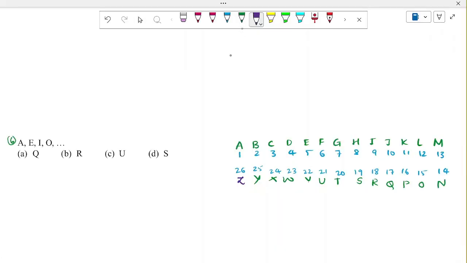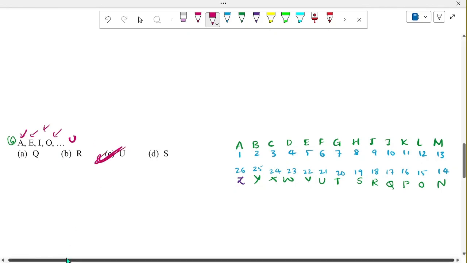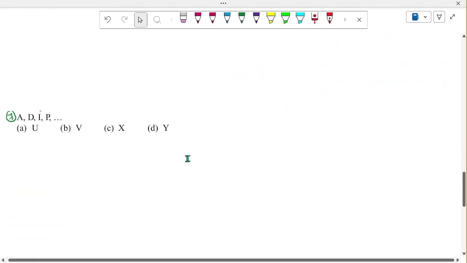Yes, they are vowels. You can see A, E, I, O, U. So this is a very easy kind of question, and so answer is C. Fine. Now we'll go to the next one.